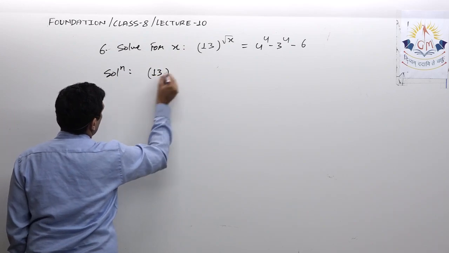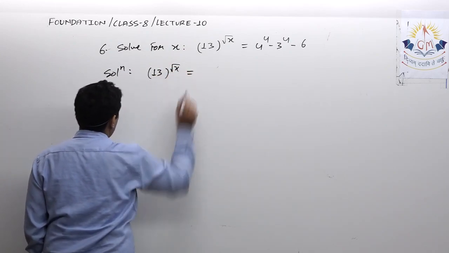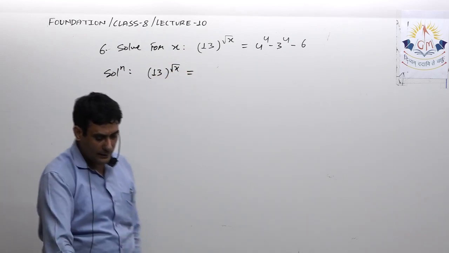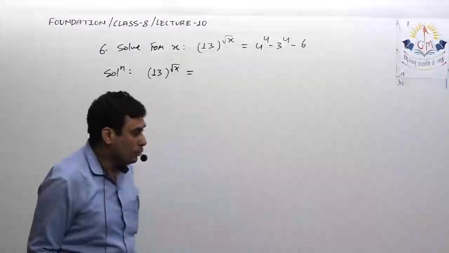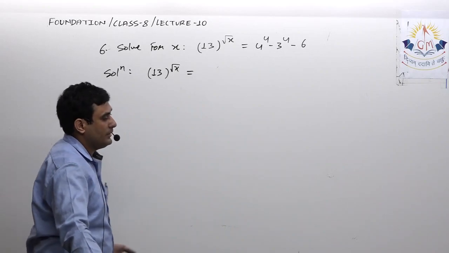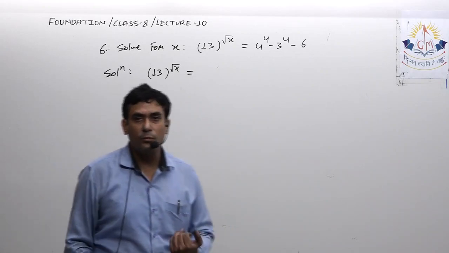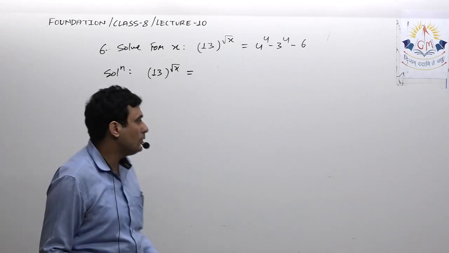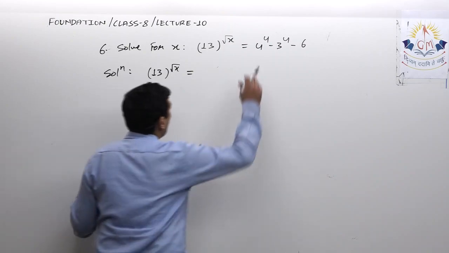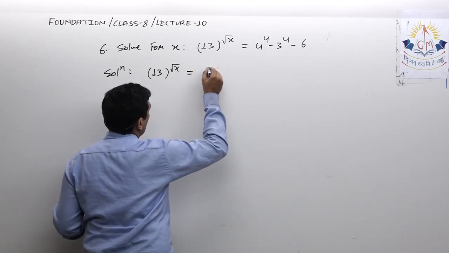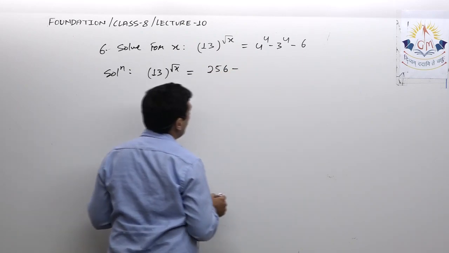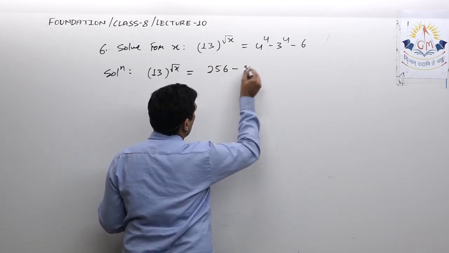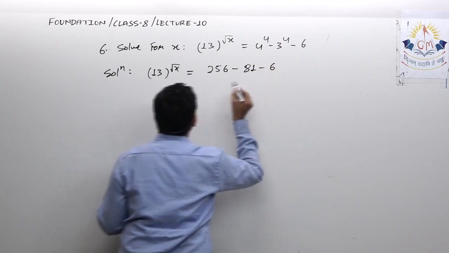13 raised to root x. Again, as I told you again and again, you have to write the given expression such that the bases on both sides are equal. So now here 4 raised to 4 is 256, minus 3 raised to 4, which is 81, minus 6.